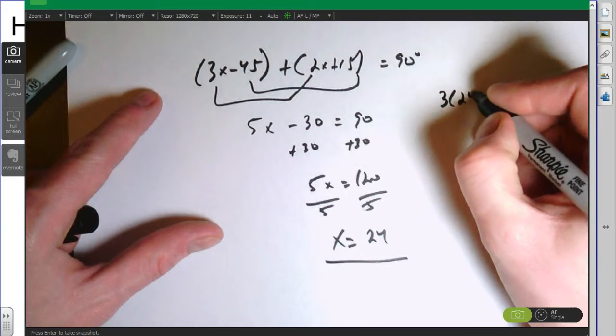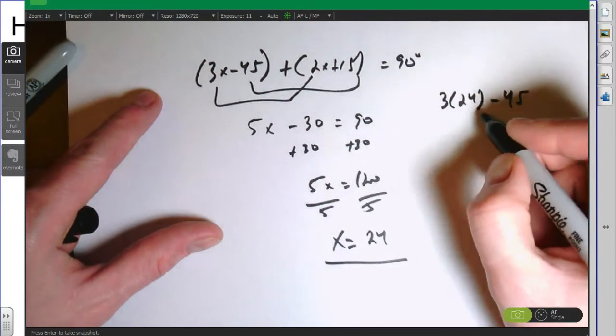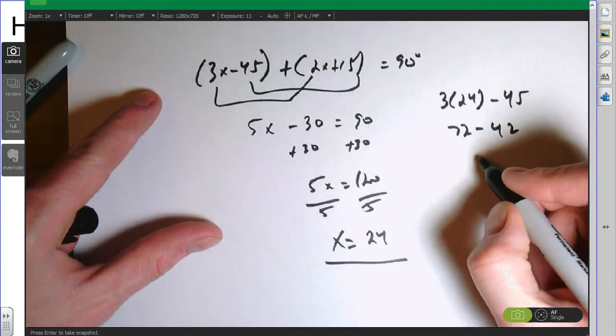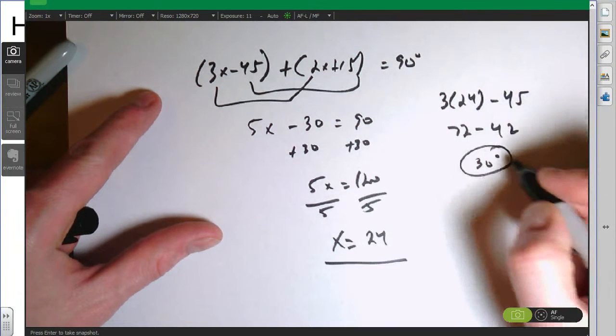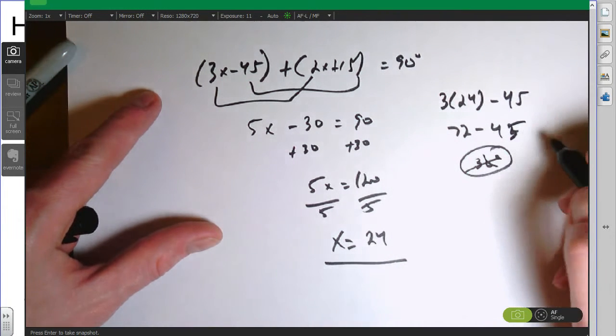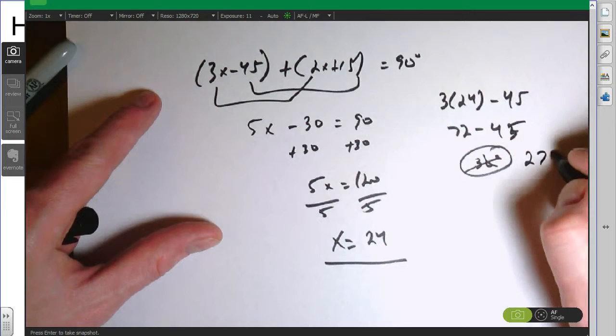So 3 times 24 minus 45. That ends up being 72 minus 45. That ends up being, then, for us, 30 degrees. No, minus 45, not 42. Sorry. Ends up being, then, 27 degrees.